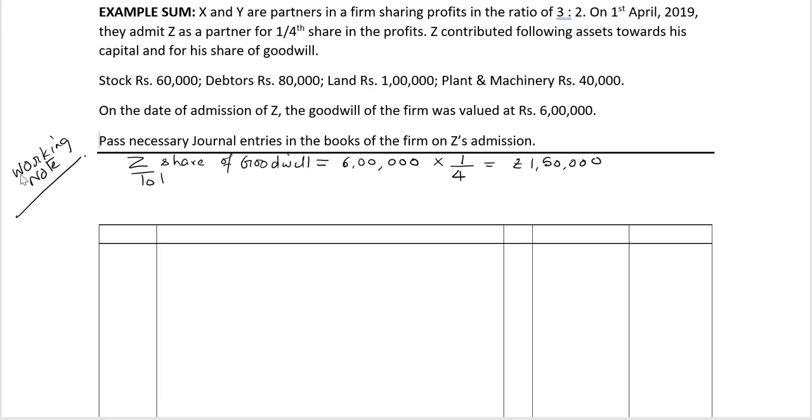The total assets is equal to 60,000 plus 80,000 plus 1 lakh rupees plus 40,000. This totals to ₹2,80,000.